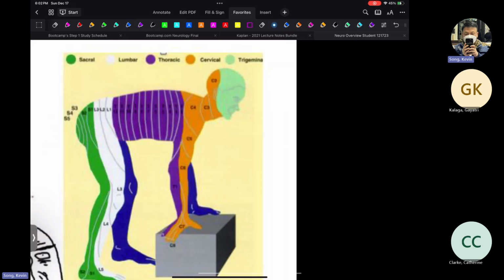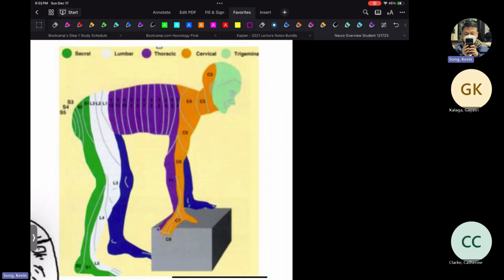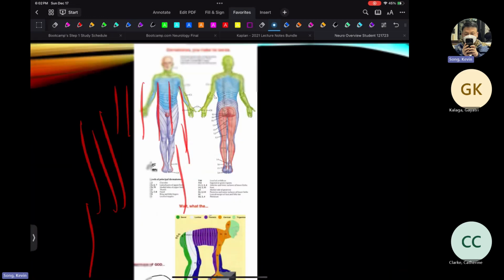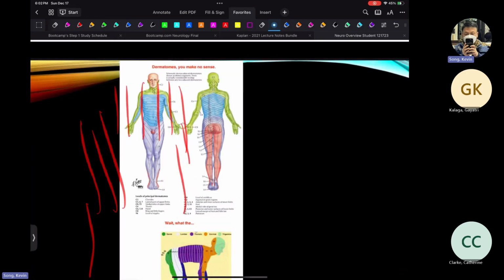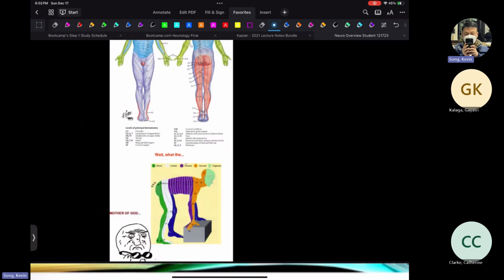So if you just draw the picture like this, see this here? Everything is vertical. So if you imagine this person is bending over like this, in a crawling position or whatever, a flexed position like this, then the dermatomes will be distributed in these vertical lines.